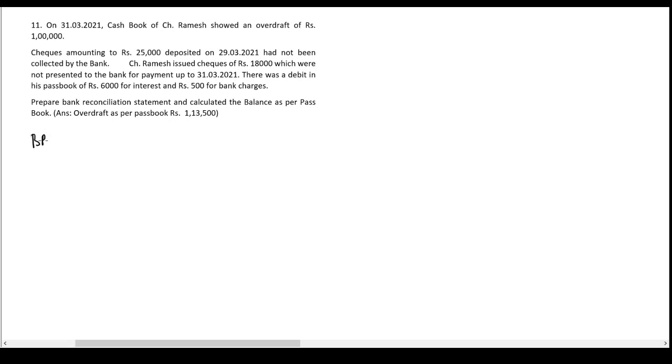I'll write here bank reconciliation statement of CH Ramesh as on 31st March 2021. Particulars, rupees and rupees.